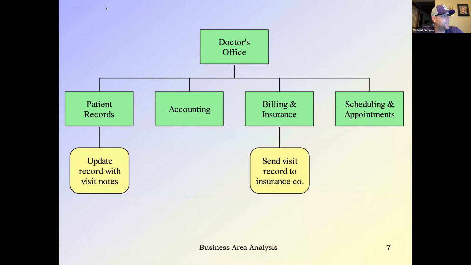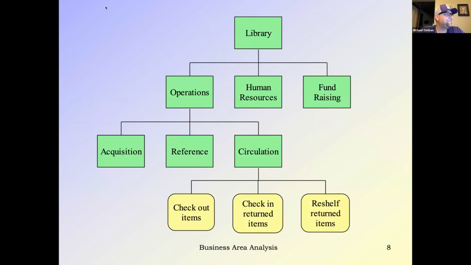For example, patient records involves updating those records with notes, and billing and insurance takes care of sending insurance records to the insurance companies. So all of these different business processes help out the overall organization.